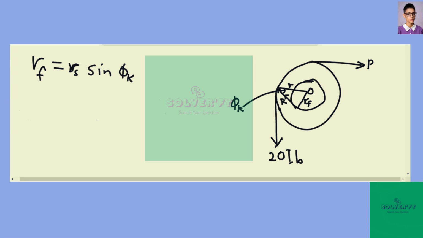We don't know this one, so we can apply that it is equal to the arctan of the coefficient of kinetic friction, which is given in the question.